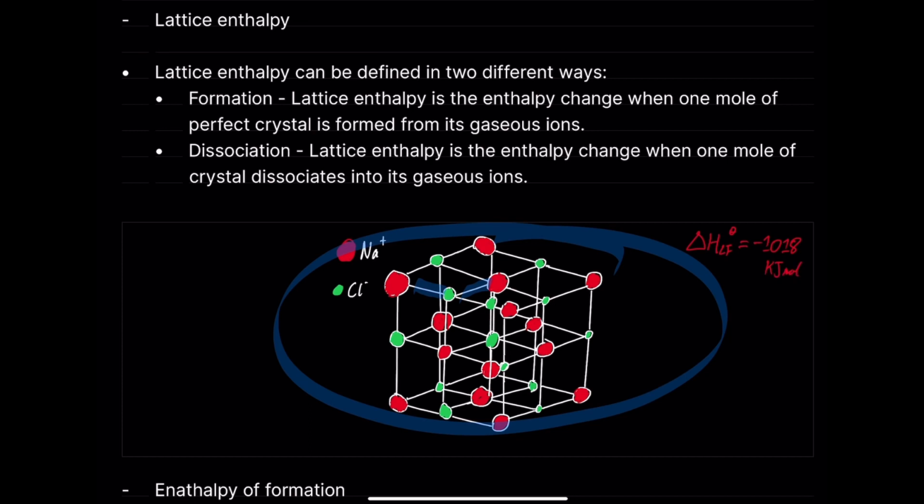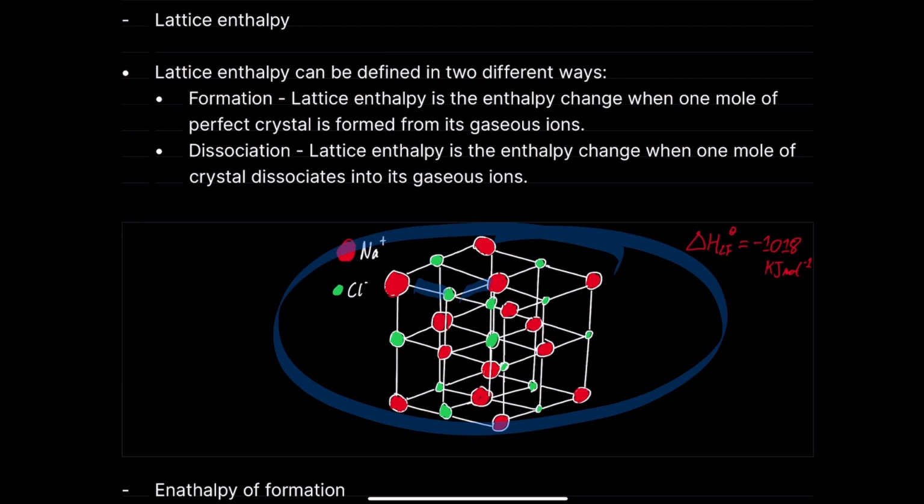Now, what I mean is that lattice formation and lattice dissociation are exactly opposite from one another in what they actually mean. One is completely destroying bonds, one is completely forming bonds. But also, the actual values will be exactly opposite.